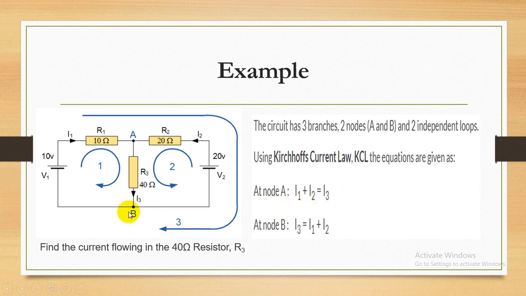When we apply KCL at node B, this I3 is entering, but I1 is leaving, see the direction, and I2 is also leaving. Thereby at node B, I3 is equal to I1 plus I2. Both indicate the same.